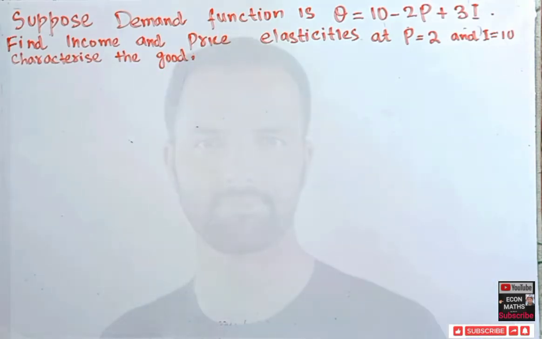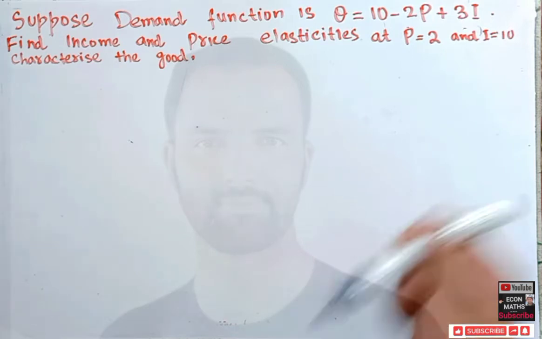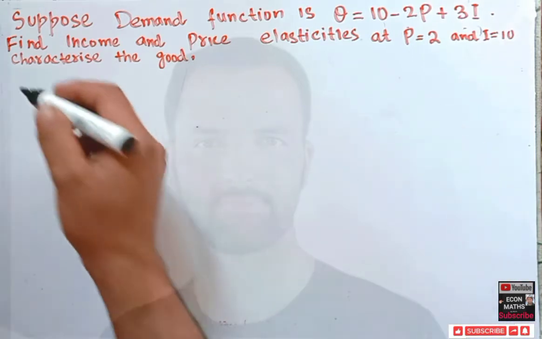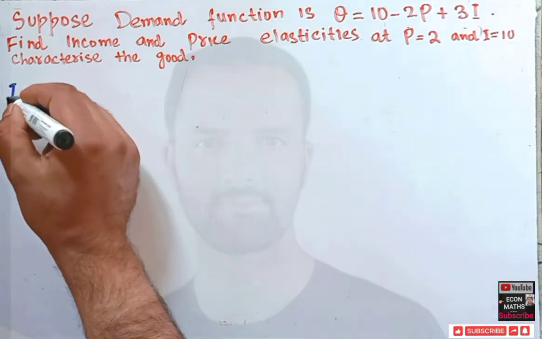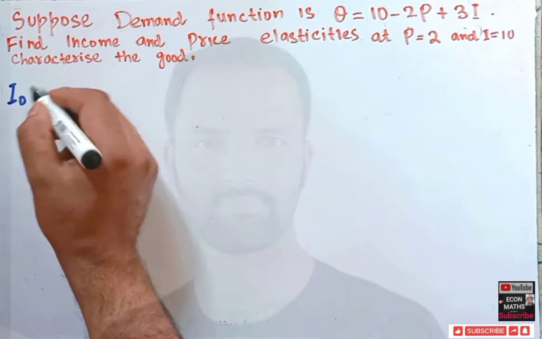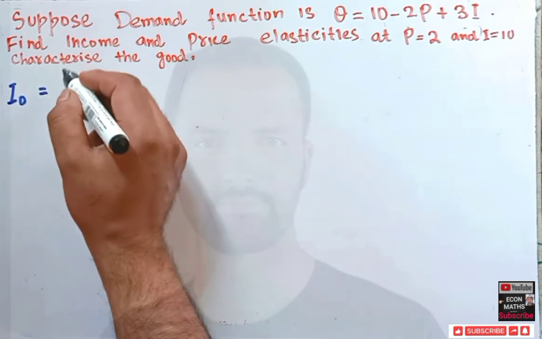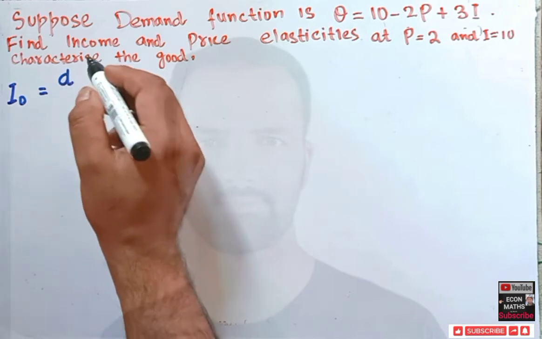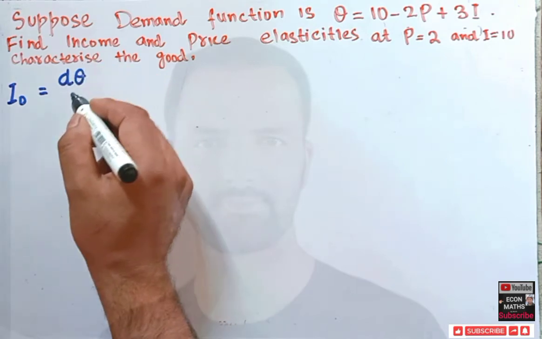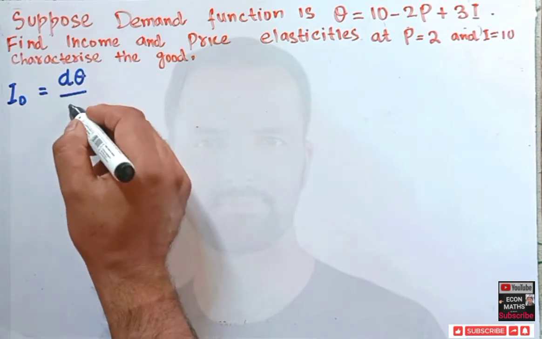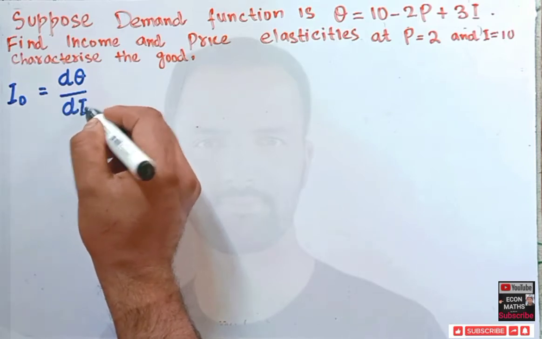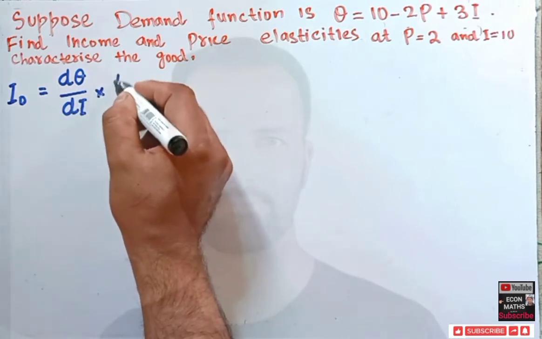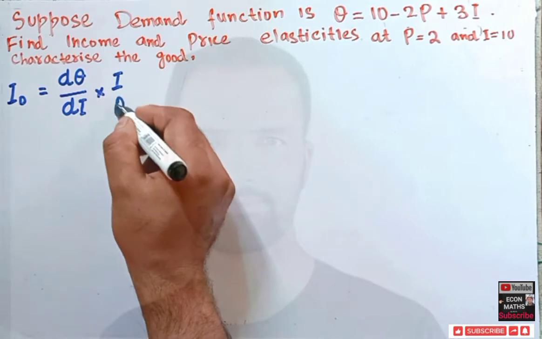So first let's calculate the income elasticity of demand. Income elasticity of demand is simply given by dq over di into I over q. So what does this mean?